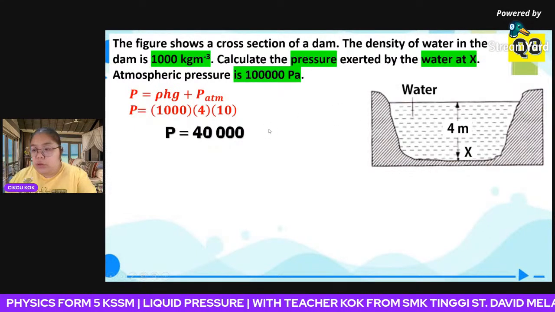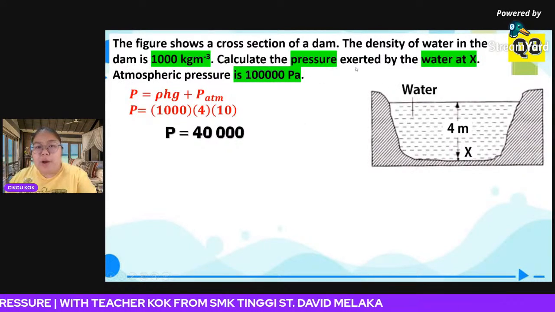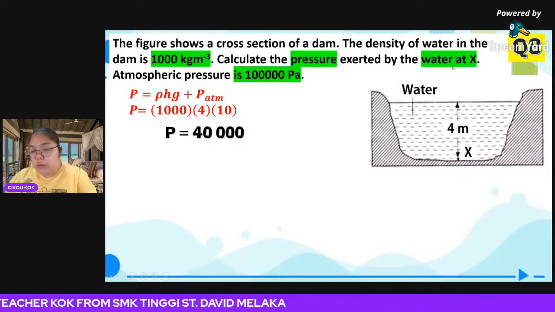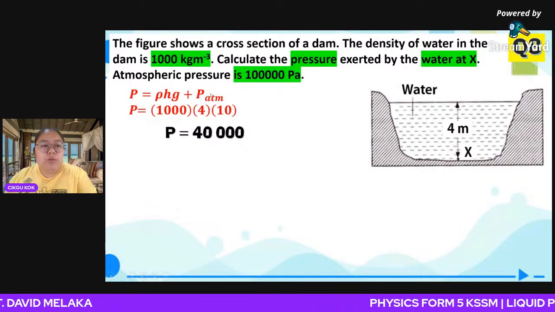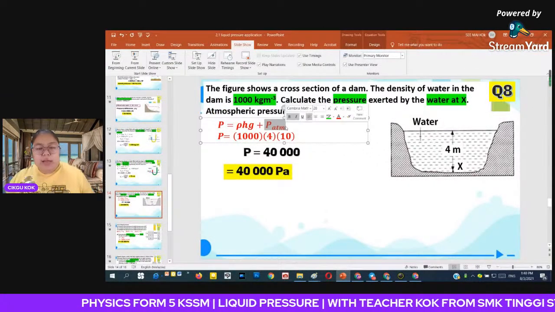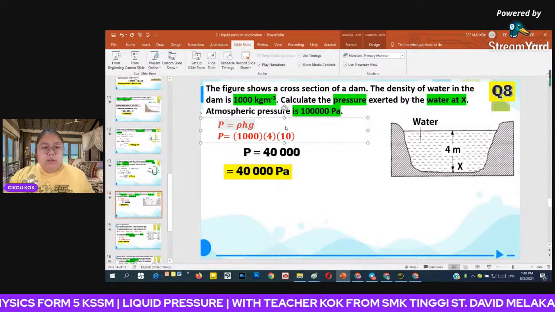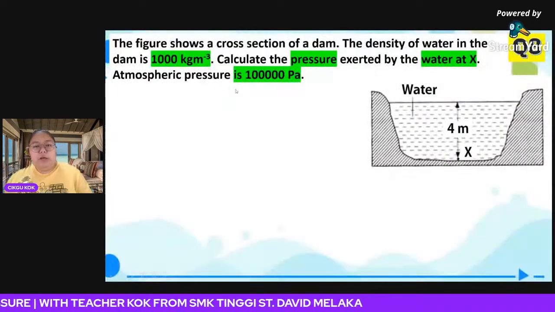Yanru, so read the question carefully. Just now I also made the mistake. Calculate the pressure exerted by the water, only the water at the X. So that means we no need to care about atmospheric. Help me to cancel the atmospheric. Atmospheric is out. So we just use the pressure of the water only.